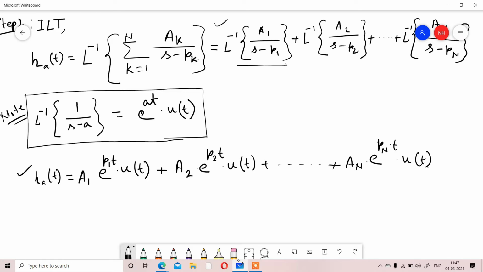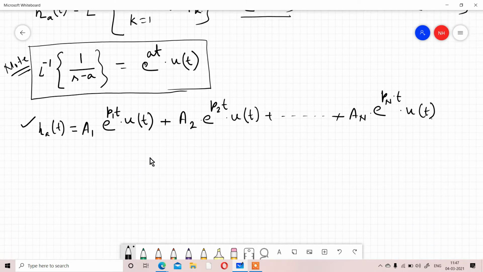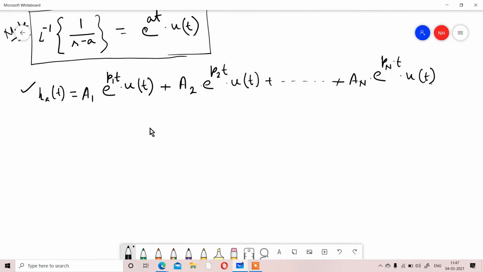Now as you have got the value of h(t), what will be your next step? Obviously your next step is sampling. Yes, you need to do the sampling, means simply replace t by nT.